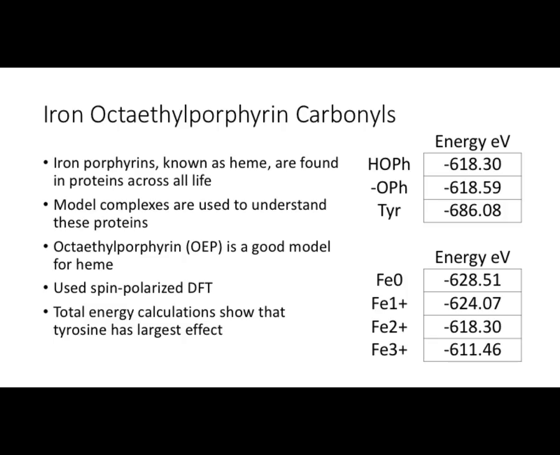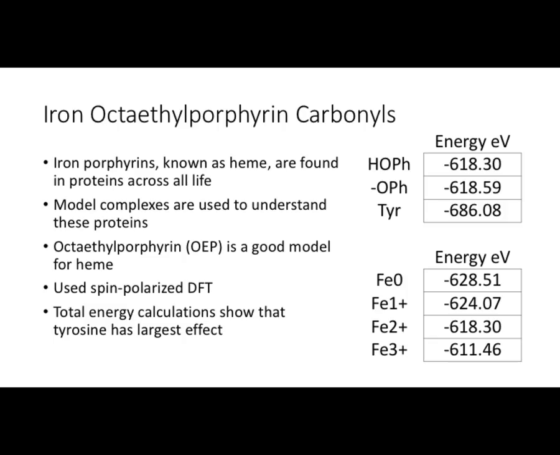Usually carbonyls bind to the ferrous iron state, but they do have some affinity for ferric, and these other states can be accessed through enzymatic activity. So if you're looking over these, there's only a little over 15 eV difference, where the difference between these two here is on the order of 70 or 60 or so. So there's a big difference from that tyrosine.